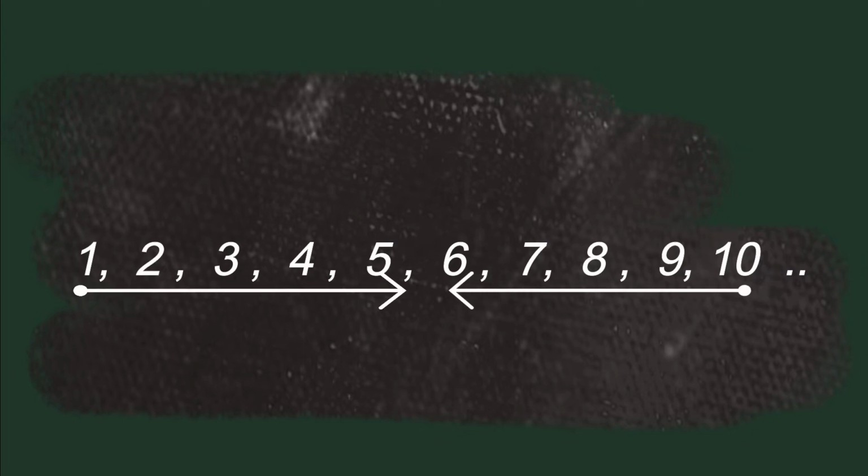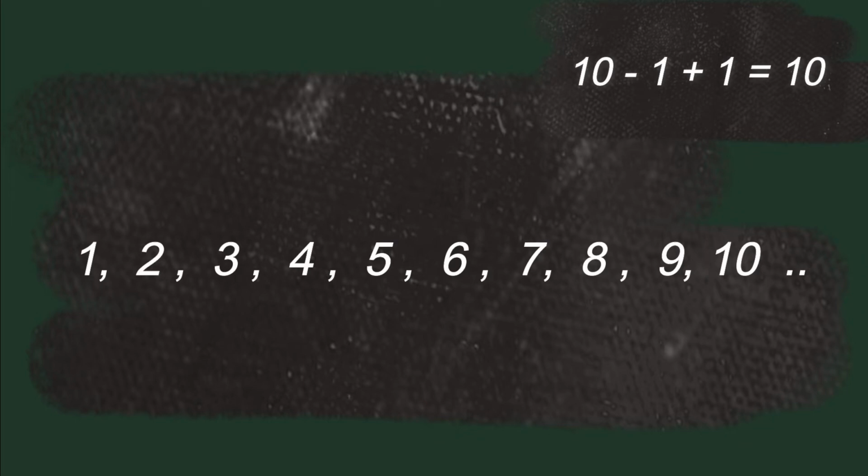When we say from 1 to 10, we have to include 1 and 10 as well. Start counting the numbers from 1 to 10, which gives you 10. So the number of natural numbers from 1 to 10 is 10 minus 1 plus 1, which is equal to 10.